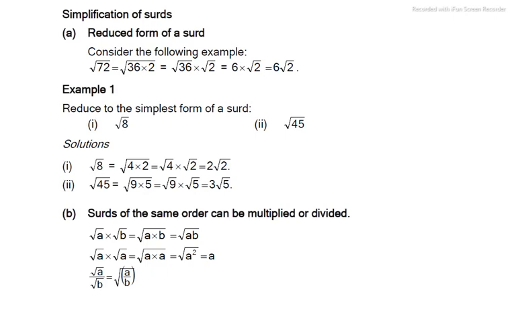We shall square root the numerator separately and the denominator separately, meaning that root of A over B gives us root A over root B. That is how we shall divide.